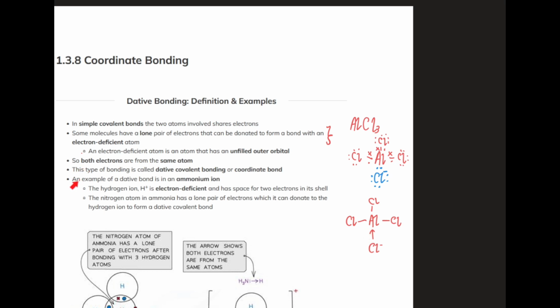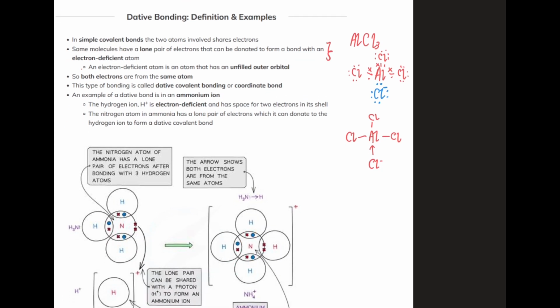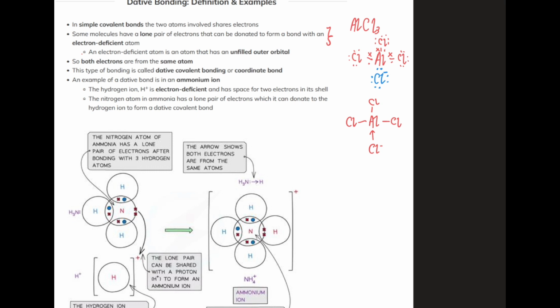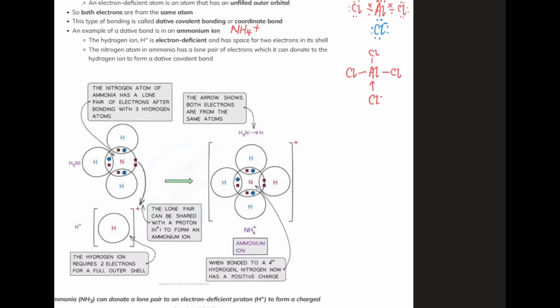Okay, so an example of a dative bond is in the ammonium ion. Okay, so let's see the picture at the same time. First you need to know the ammonium ion is NH4 positive. NH4 positive is basically formed from ammonia and a hydrogen ion, as you can see in the picture here.